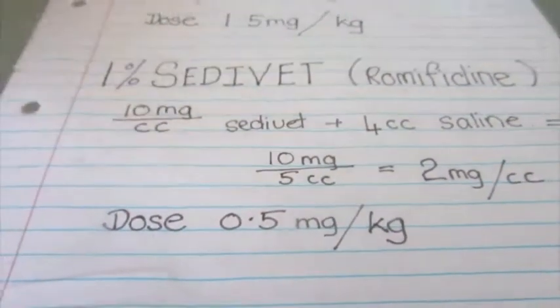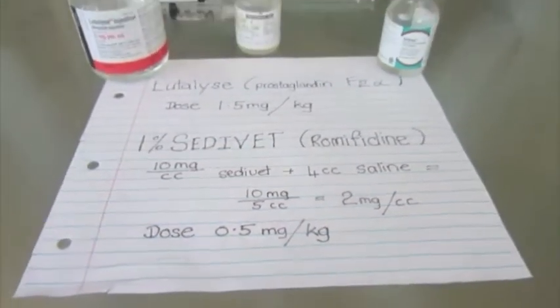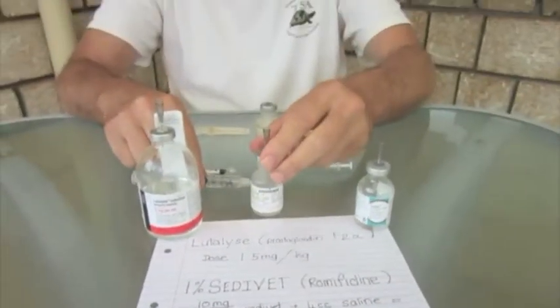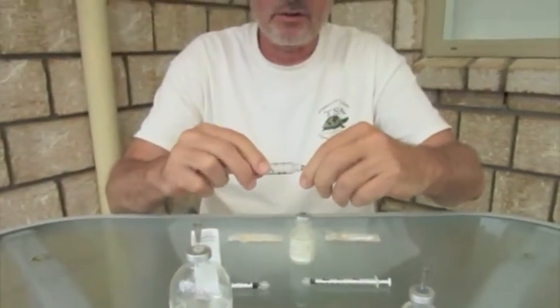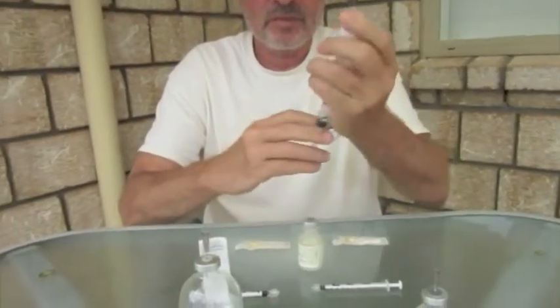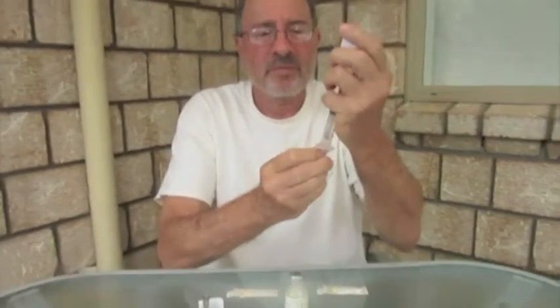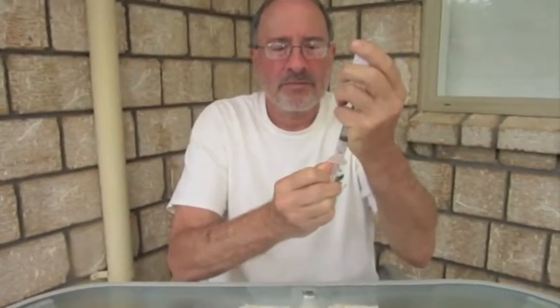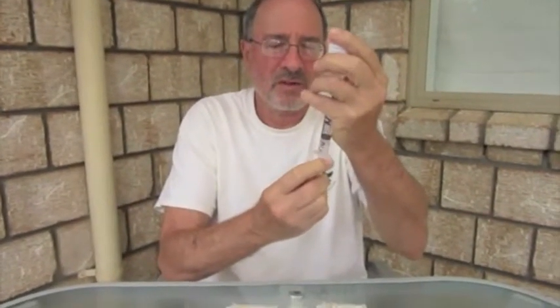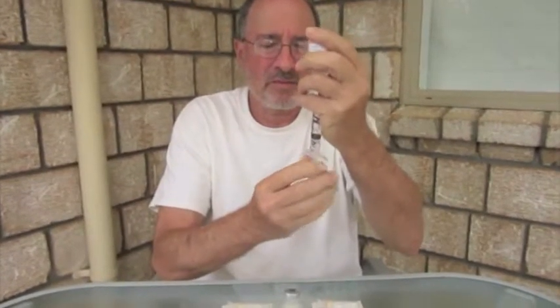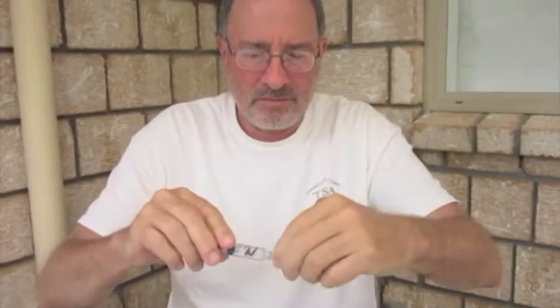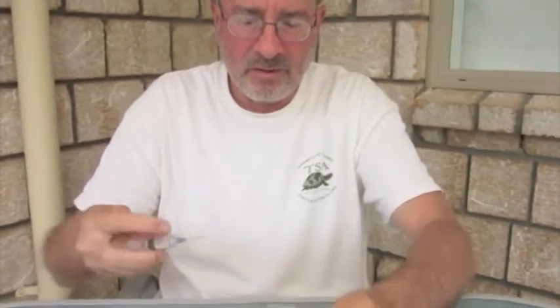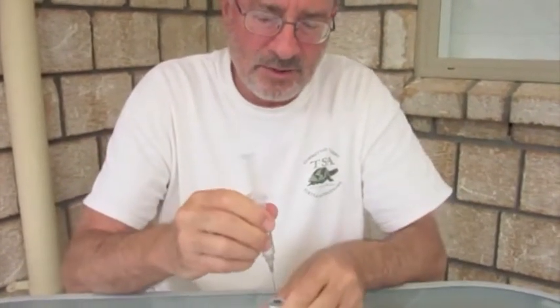Now I'll show you how we do the dilution. The first thing we do is draw up 4 cc's of normal saline. We then inject that into a separate container.